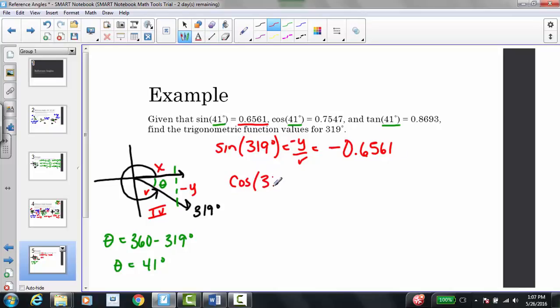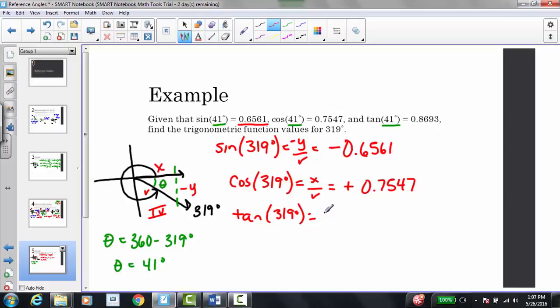Cosine of 319 degrees. Remember, cosine is x over r. Looking at my picture, both x and r are positive. So in this case, we're going to get the exact same answer as my reference angle, which is positive 0.7547. Then I have the tangent of 319 degrees.